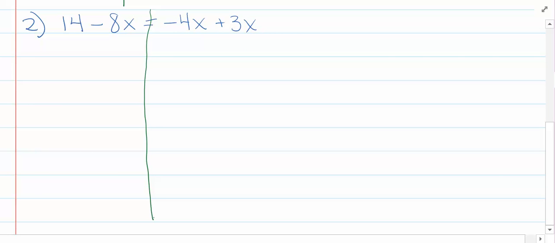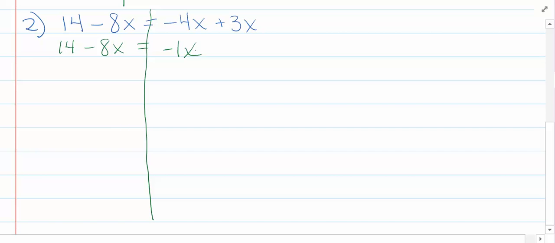Okay, so when you're working through this, you always want to look at each side individually and then say, what else can I put together overall? On the left-hand side, there's nothing that I can put together, no like terms. On the right-hand side, I actually have x's. Those are both like terms, so negative 4x plus 3x is negative 1x.